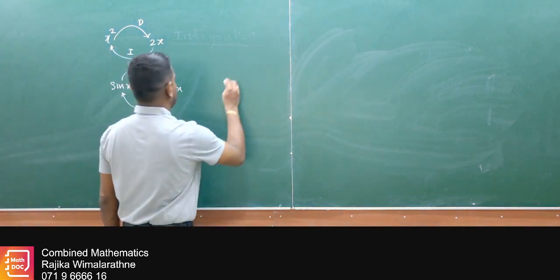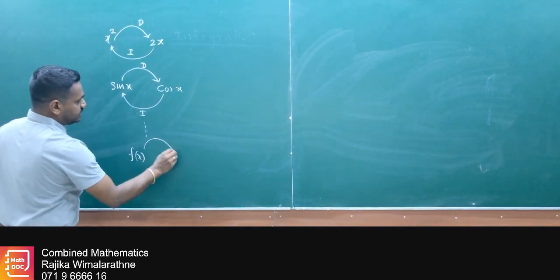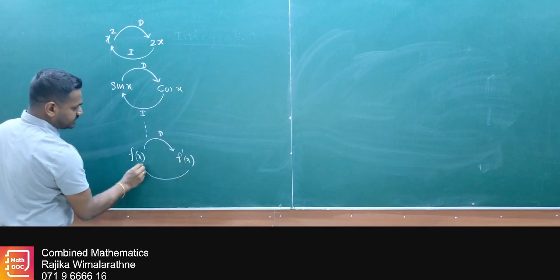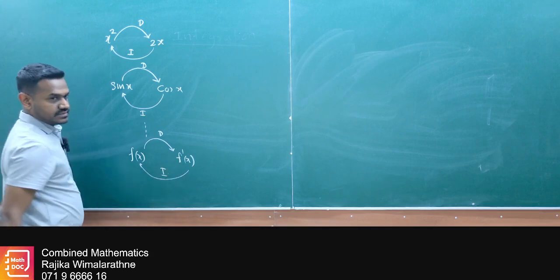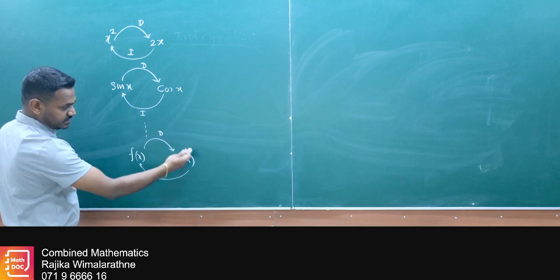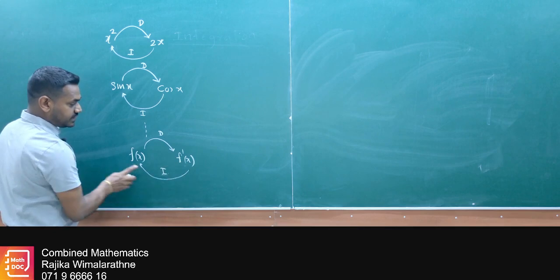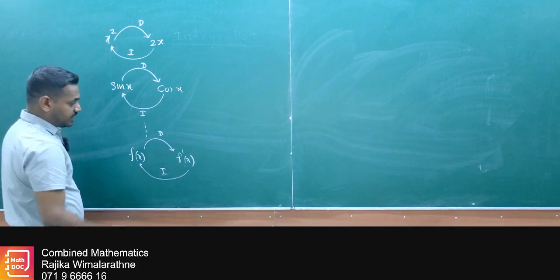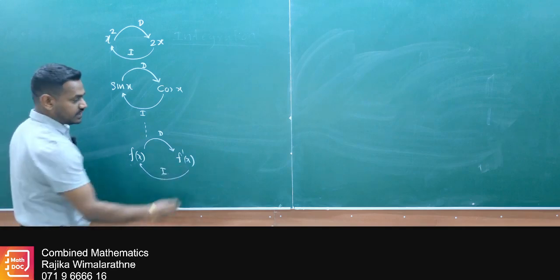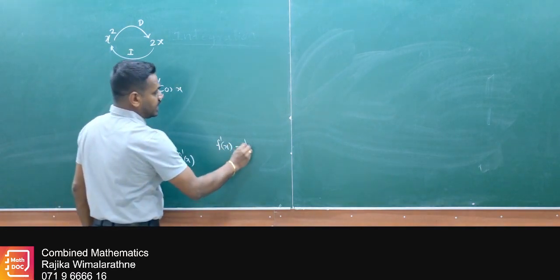So if you consider a general function f(x), its derivative we define as f dash x. Then the reverse process we call integration. Differentiation is a process, integration is the reverse process. Here this is the derivative, this is the integral. The integral of f dash x is f(x), and the derivative of f(x) is f dash x.